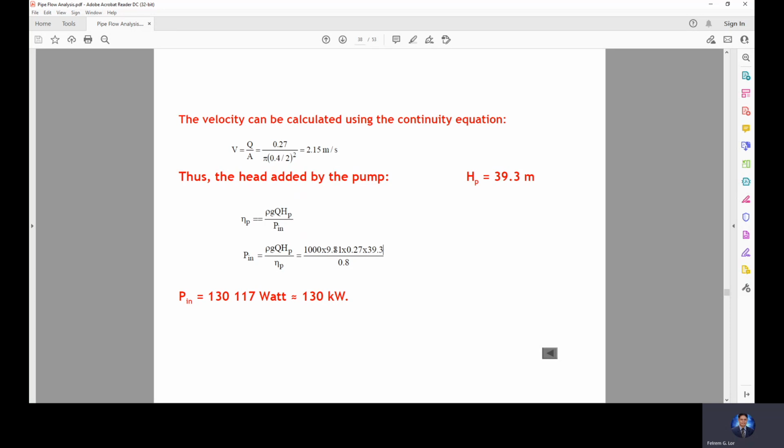So unsa man ang watt, that's joule per second or newton times meter per second. That's watts or kilowatts. So that's the power divided by efficiency. Efficiency is unitless. Okay, it's 0.8. So the power is 130,117 watt, or roughly 130 kilowatt. Okay.